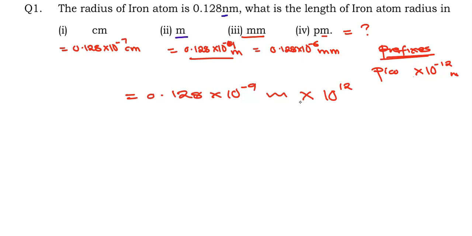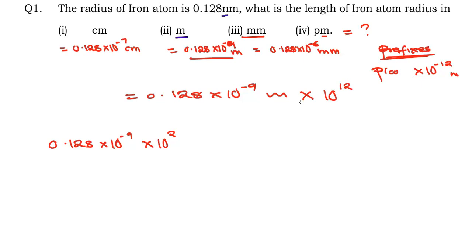It is different. That's why let me remind you of something. When we were converting from meters, we had 0.128 times 10 to the power negative 9 here. When we are converting to centimeters, we didn't multiply by 10 to the power negative 2. We multiply by positive 2 because 1 meter is made of 100 centimeters.